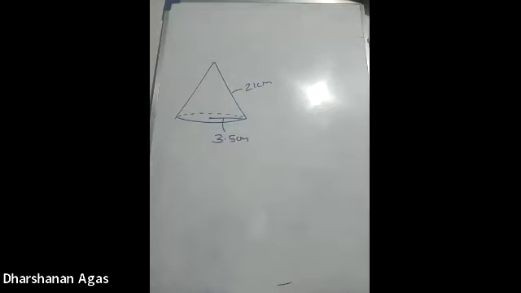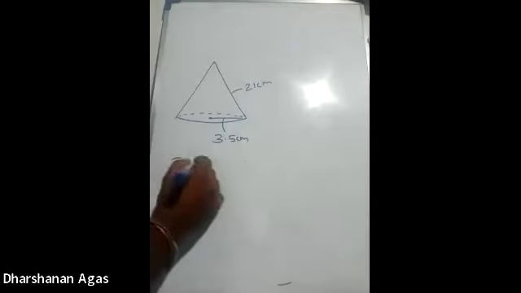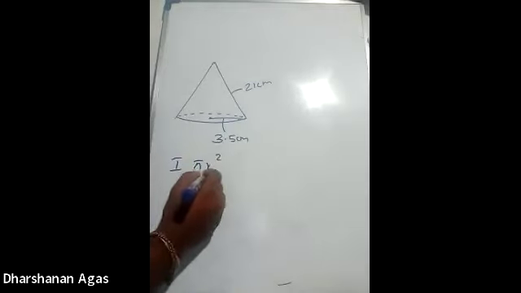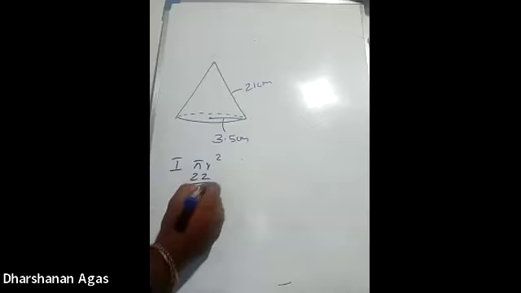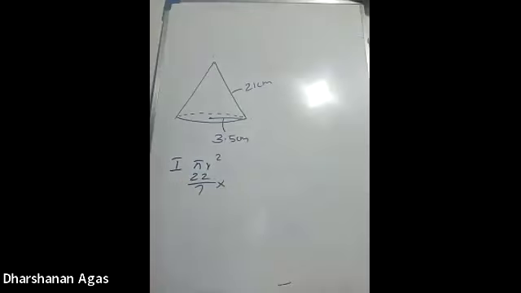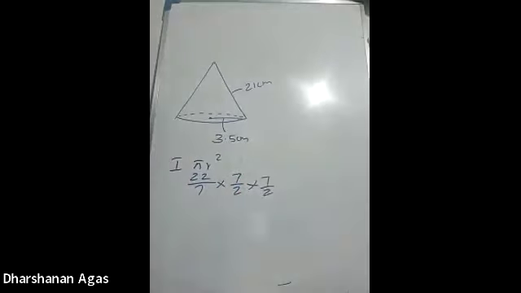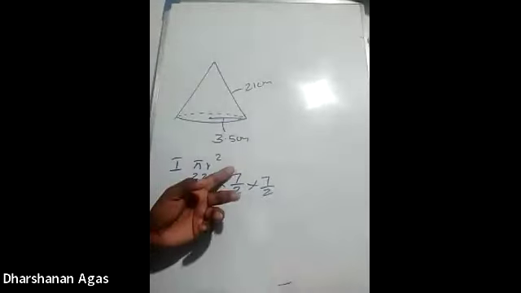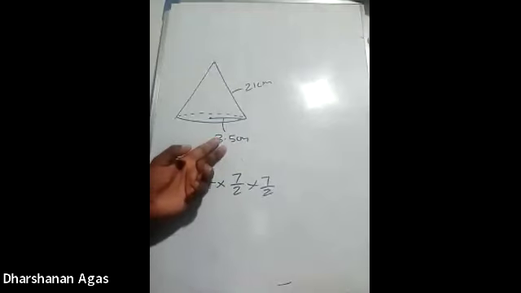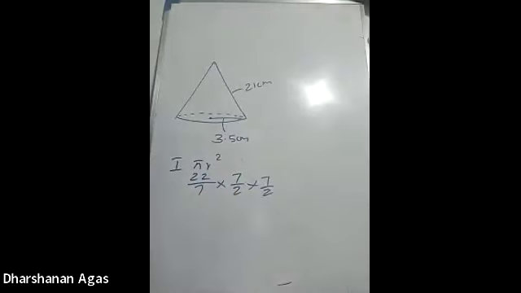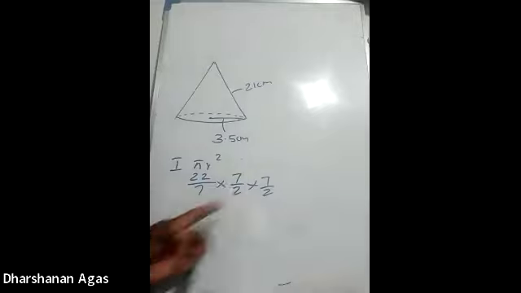Right? First we'll find the area of the base. That is pi r square. Then pi is 22 over 7. The radius I gave is 3.5. As a fraction, students, you can write 7 over 2, that is easy to simplify. 7 divided by 2 is 3.5.